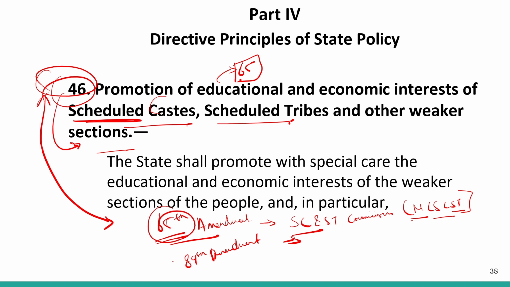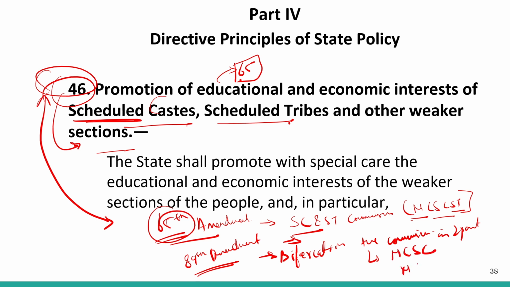And under the 89th Amendment it was the bifurcation of the commission into two parts. Now we have one known as the National Commission for Scheduled Caste, and another, the National Commission for Scheduled Tribe.